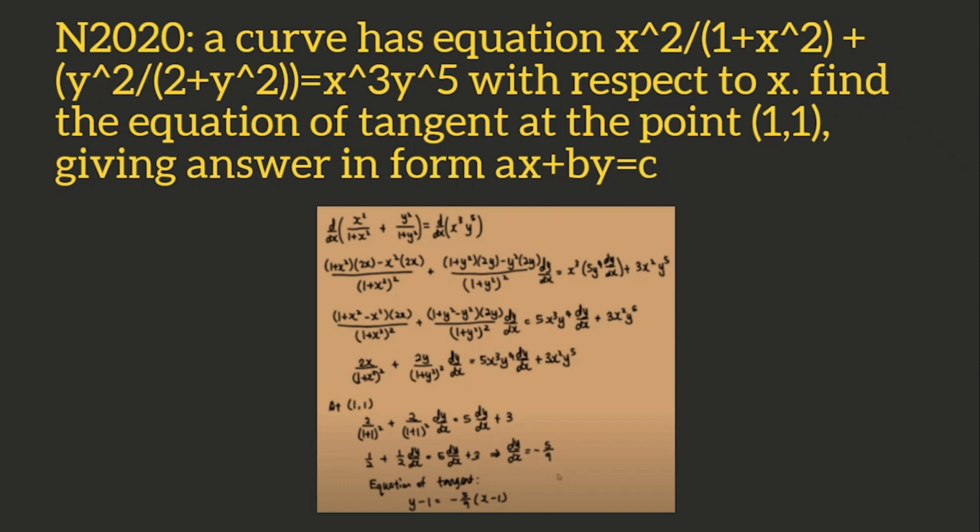Bring your things and arrange them here and there, you eventually get a value of a and a value of b. In this case, your value of a should be 5 over 9, your value of y should be 1y, so b is 1, then your constant will be 1 plus 5 over 9, so it should be 14 over 9.